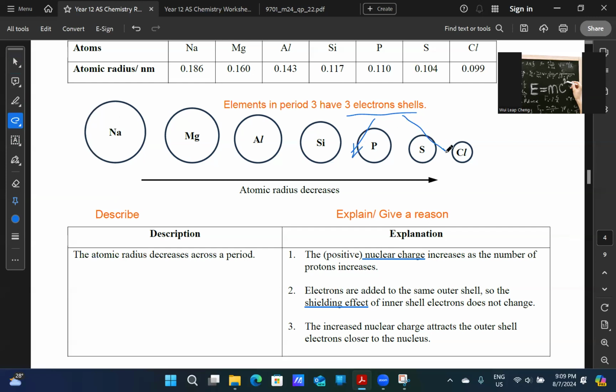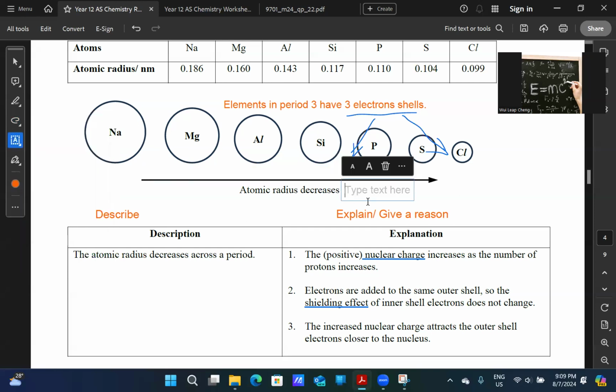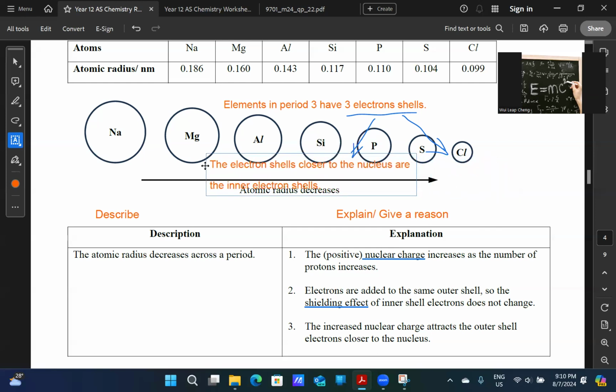Out of these 3 electron shells, the first 2, the electron shells closer to the nucleus, are the inner electron shells.